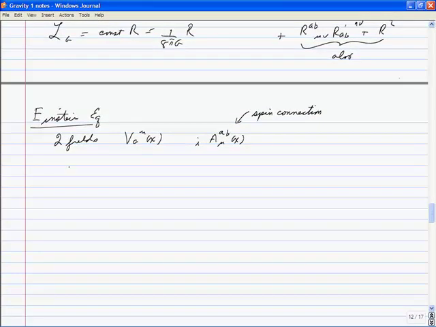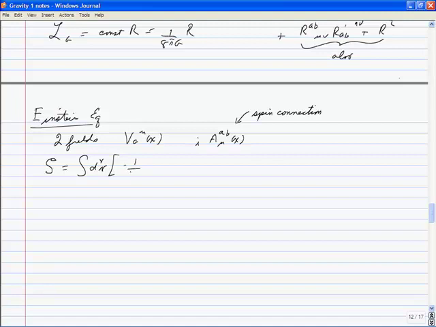Okay. So let's just write out the action integral d⁴x.